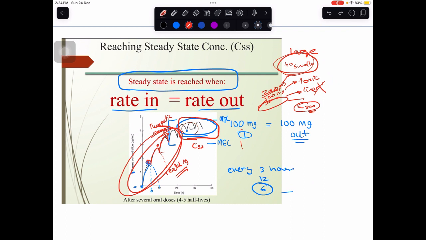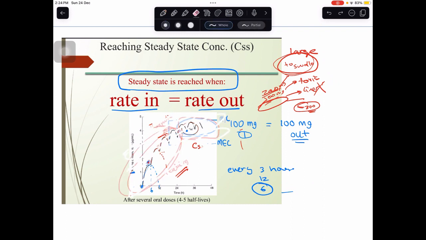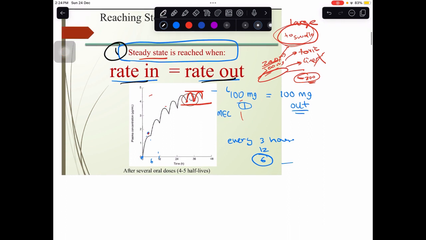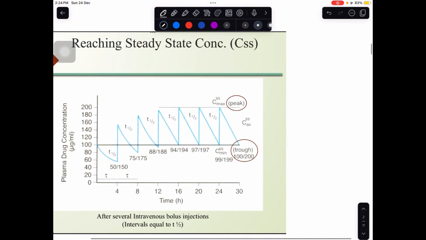The main idea is I want you to understand the picture right here, this graph where the rate in equals the rate out. This is my steady state concentration. So you need to know the steady state concentration is rate in equals rate out. Again, this is the same thing.